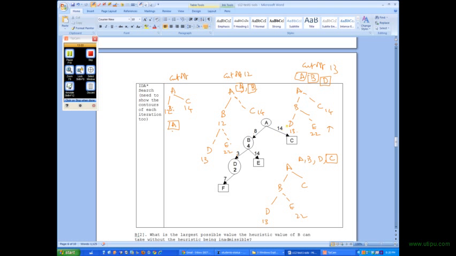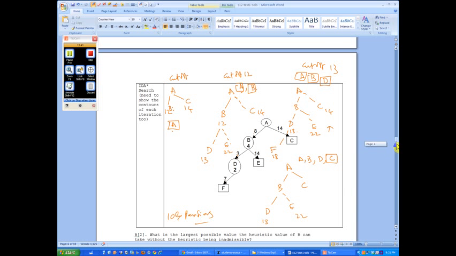By the way, when you expand D here, you did consider F also, and F would have been 8 plus 3, 11, plus 7, 18. That's why it didn't really make a difference. So IDA star will essentially do 1, 2, 3, 4, 5, 6, 7, 8, 9, 10 expansions. So 10 expansions.